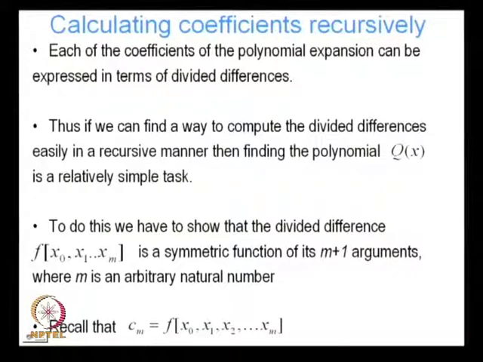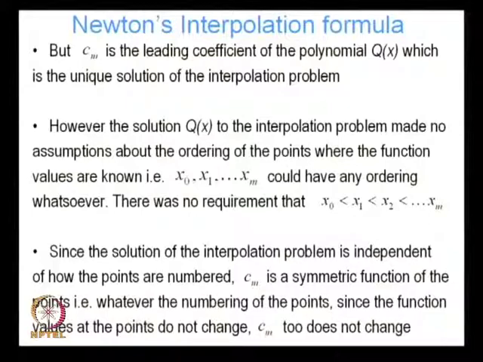That means the coefficient of the term with the highest power is also unique, right. It cannot change with how I call the points, right. So, is that clear? That is very important, right. Cm is a symmetric function of the divided difference operators, right. Its coefficients are a symmetric function of the divided difference operators.